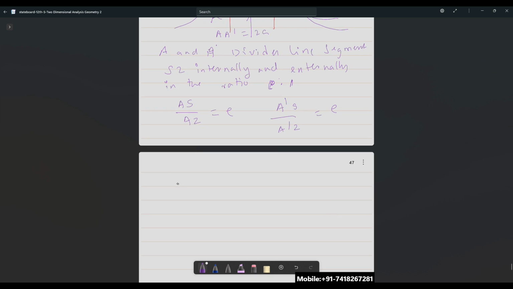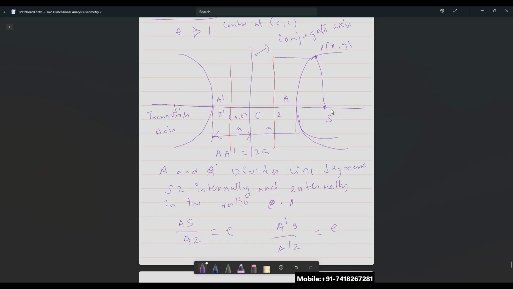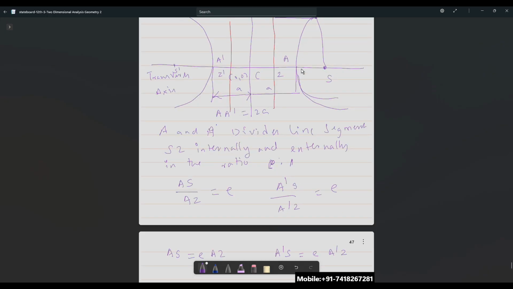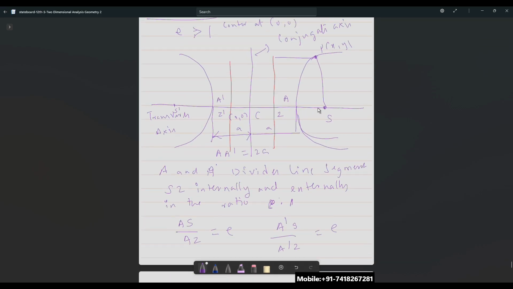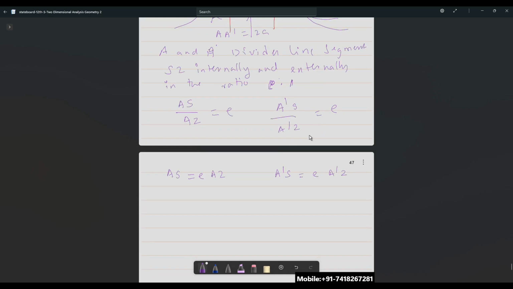Now, what is AS? We can take AS equal to e into AZ, and similarly A dash S is equal to e into A dash Z. We don't know AS, so AS can be written in terms of C: AS can be CS minus CA, because CA we know is a, CS we don't know, so that we want to find out.